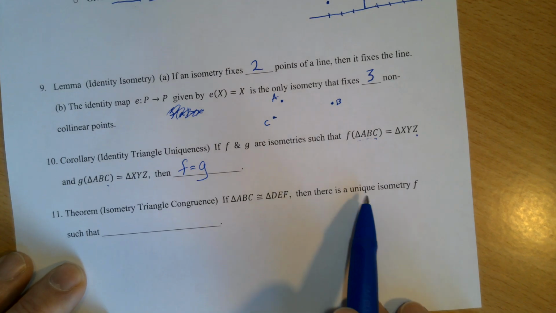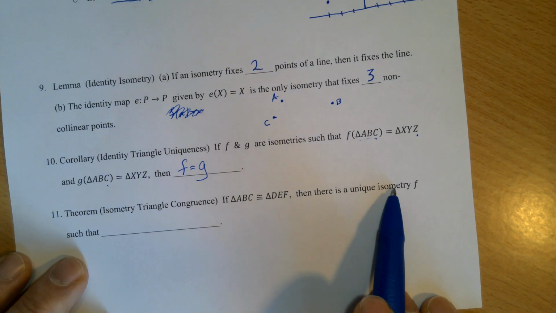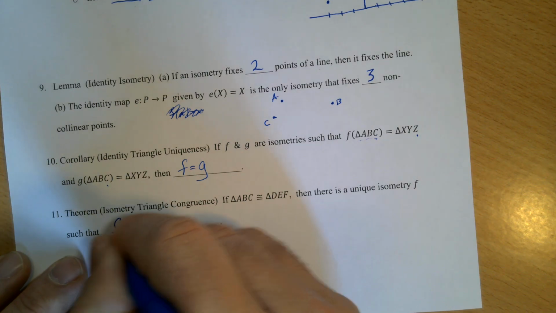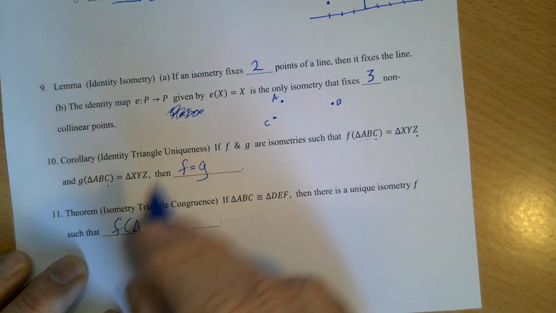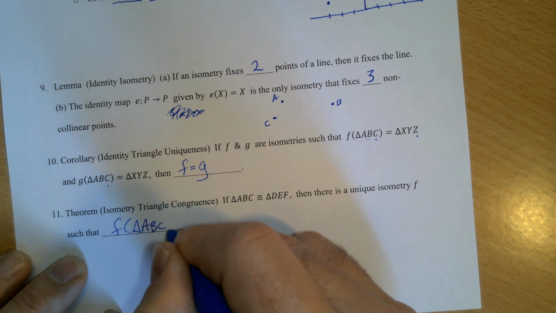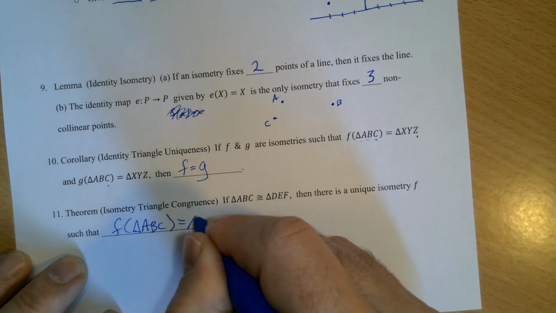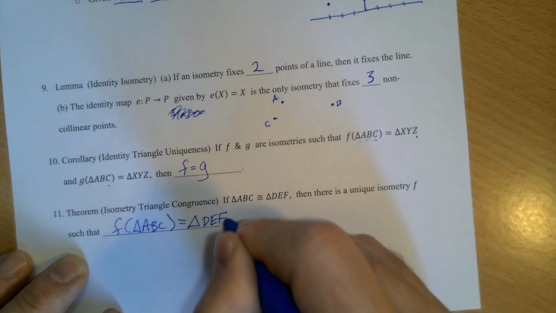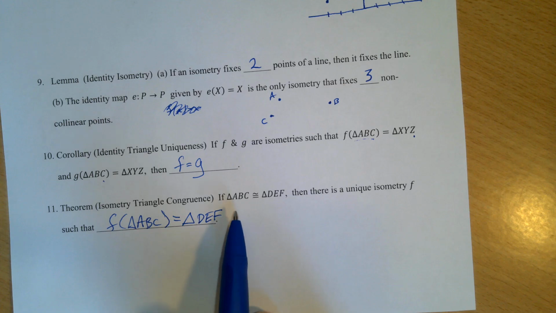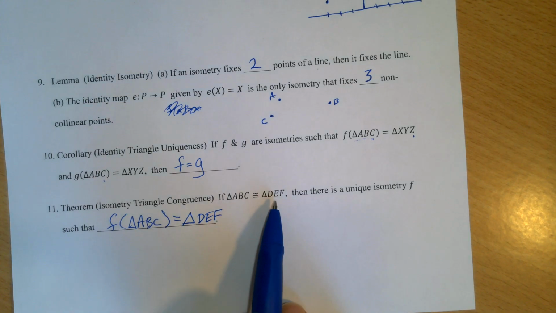Then there is exactly a unique isometry F that will map triangle ABC to triangle DEF. There's exactly one isometry that will map that triangle to this triangle.